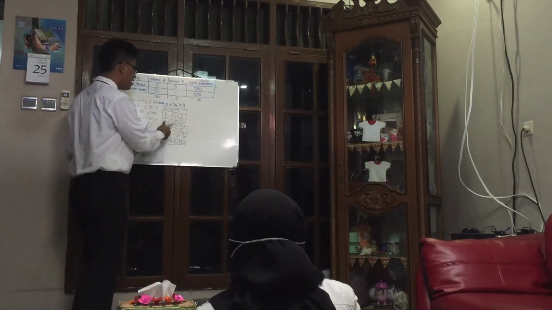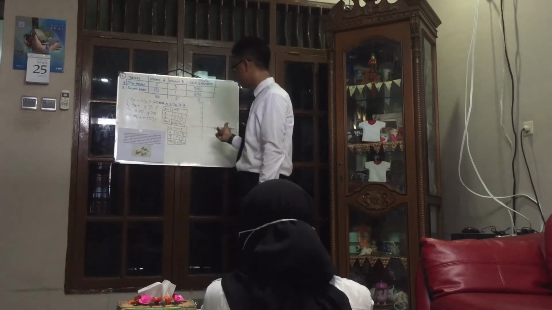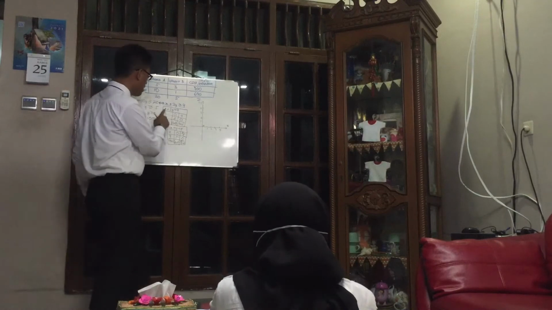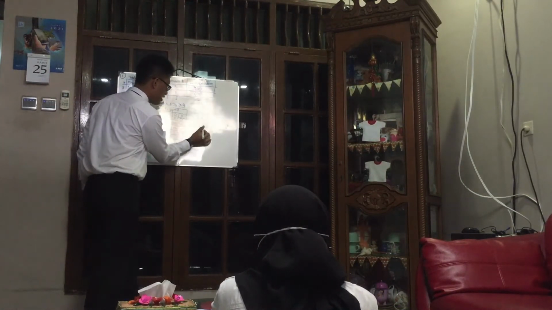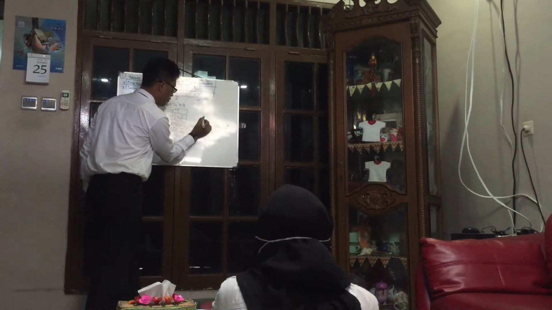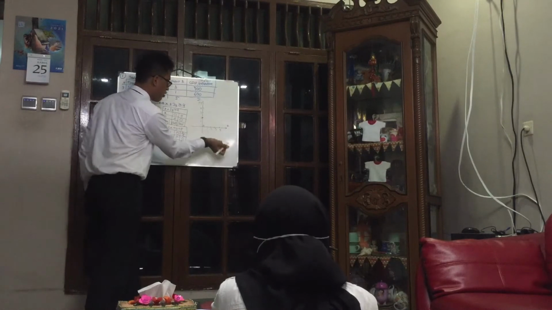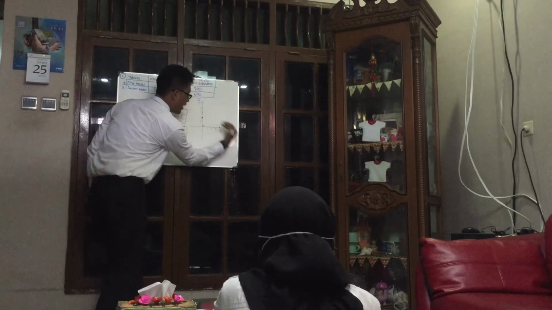We have found all the intersection points, so we can make the graph. Is it clear? Yes. Okay, so we make the line x plus 2y equals 4. We have 0, 2, so we make a point here, and 4, 0 here. We have 2 points, so we make a line of it.